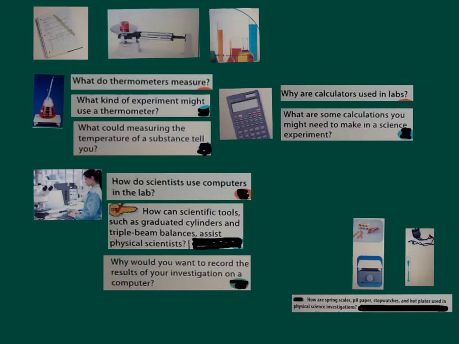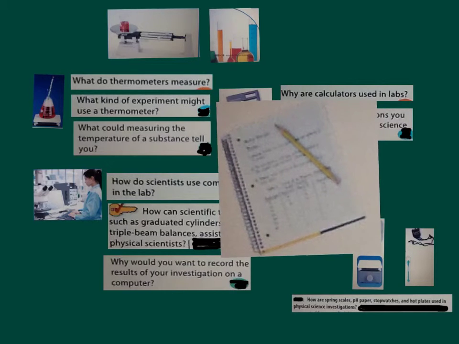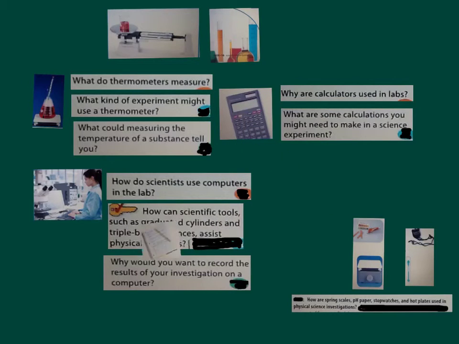So one of them is the science journal. We're going to use the science journal a lot for writing data and information and questions and answers so that I can see that you're doing what you need to do and give you some immediate feedback on that. So that's one tool that we use in science.